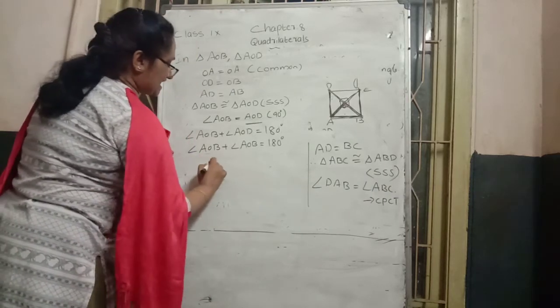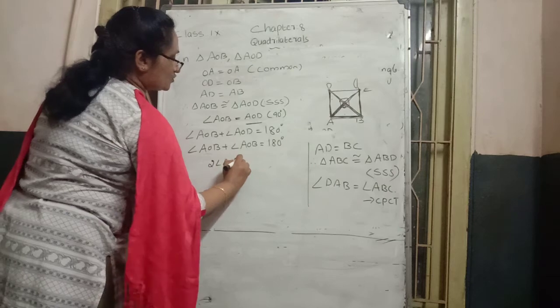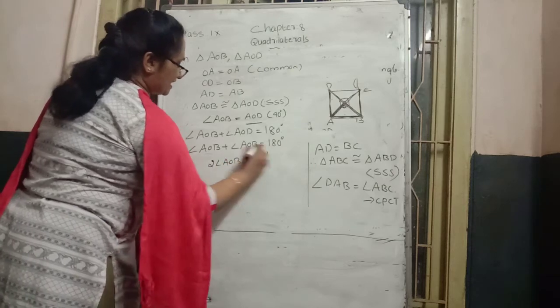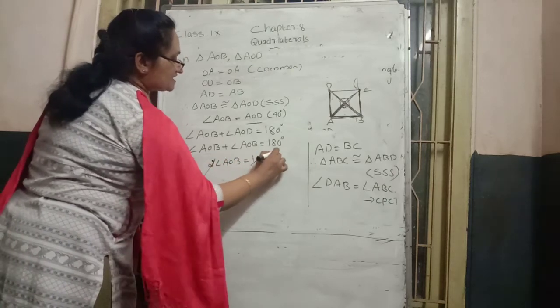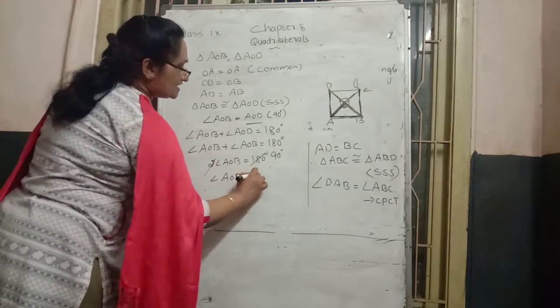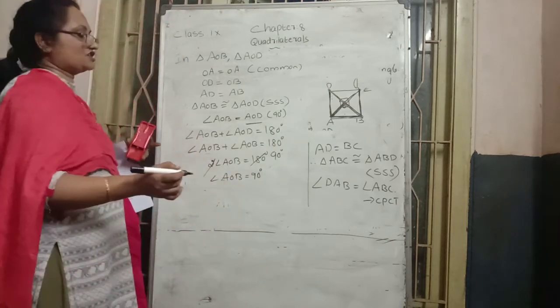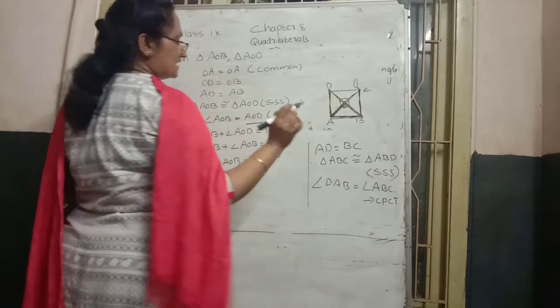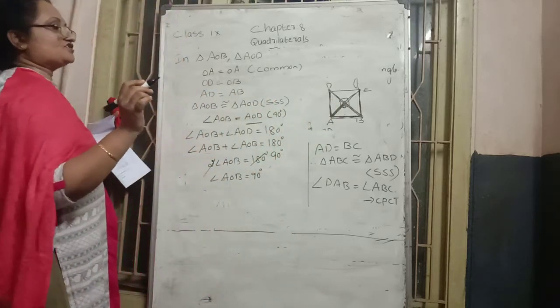So 2 times angle AOB is equal to 180 degrees. Therefore angle AOB becomes 90 degrees.